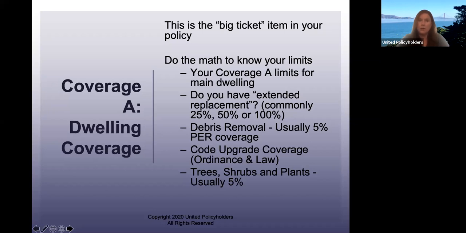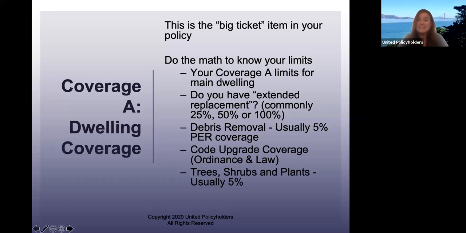I'll get to what it means more, but it doesn't mean you lose your house and straight out get it replaced. The policy is subject to limits, and in this case we're talking about your coverage A limits, and it's subject to different policy provisions regarding depreciation and things like that.